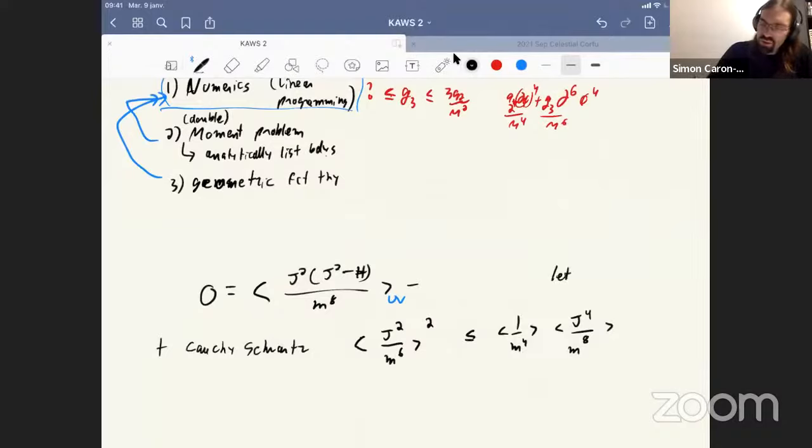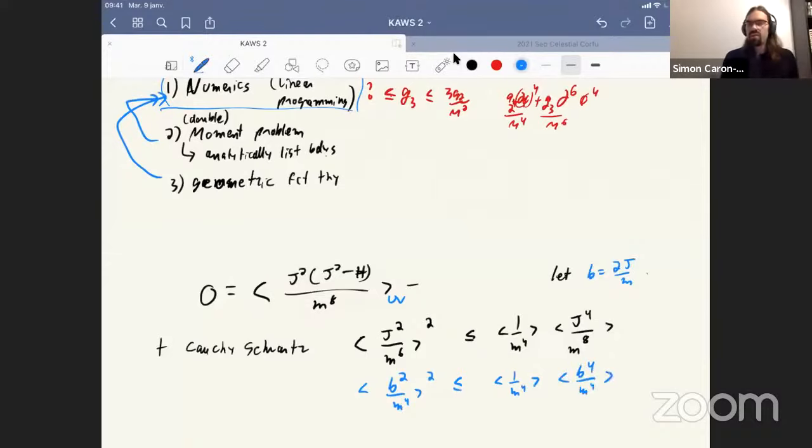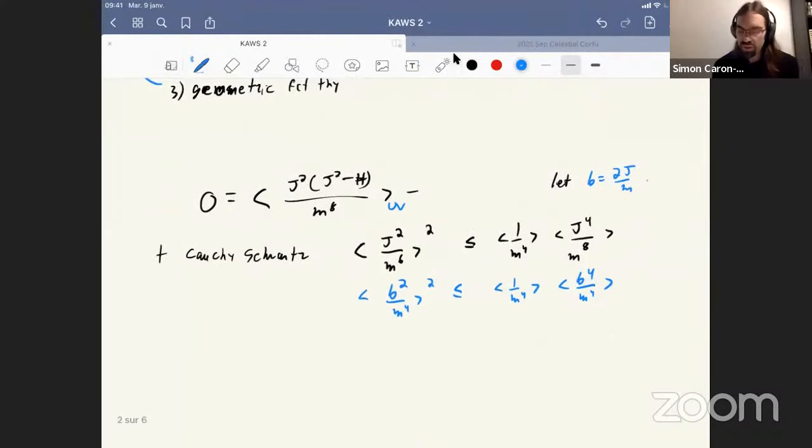It's useful to define a quantity, the impact parameter, that's 2J over M. If you define an impact parameter that way, it's basically telling us that the average of B squared over M4 squared is less than the average of 1 over M4 times the average of B4 over M4. That's kind of intuitive. You see that 1 over M4 is positive. And so you can do things like this.